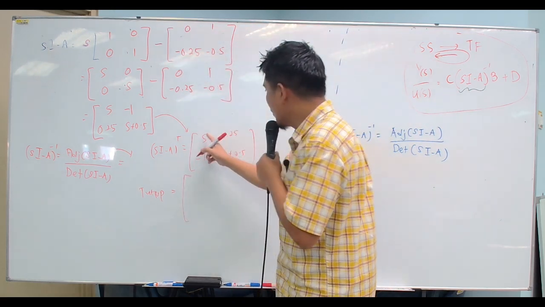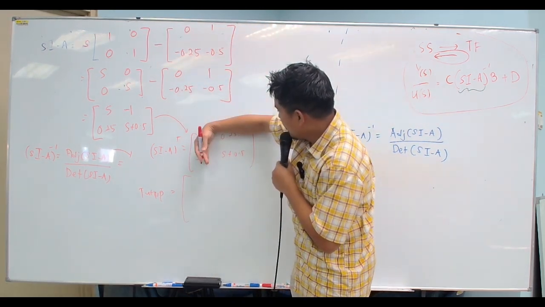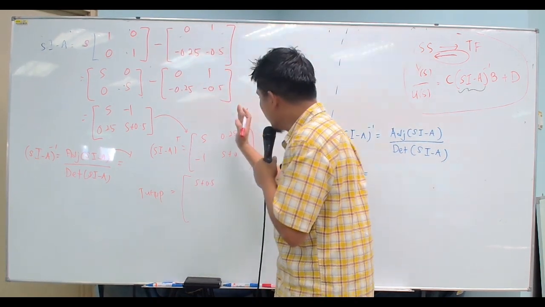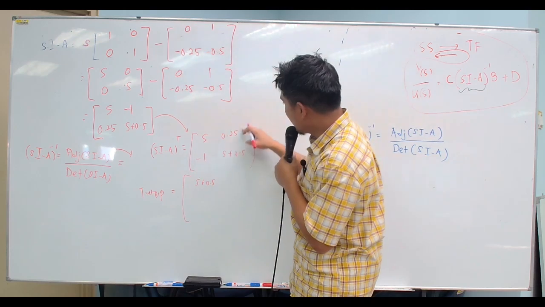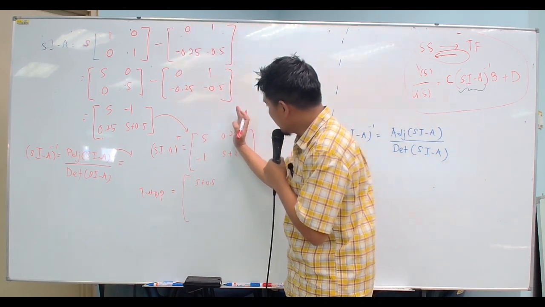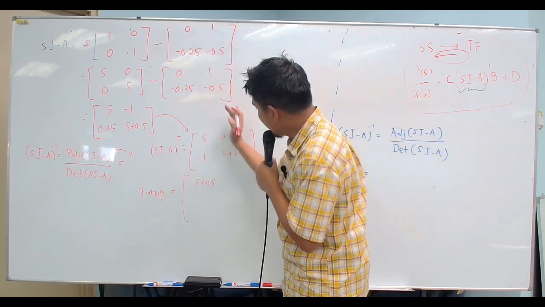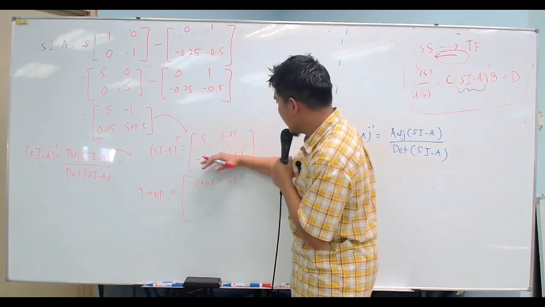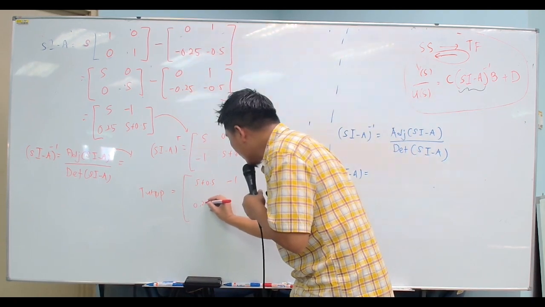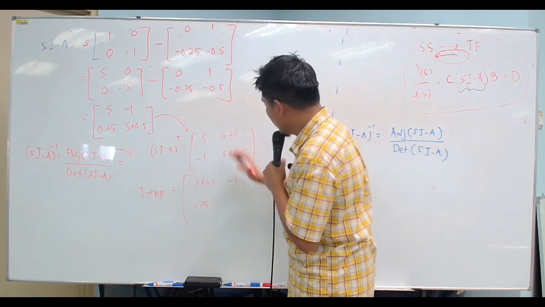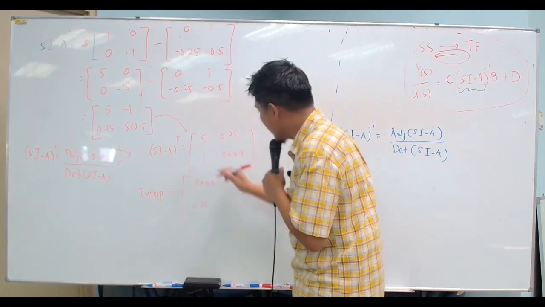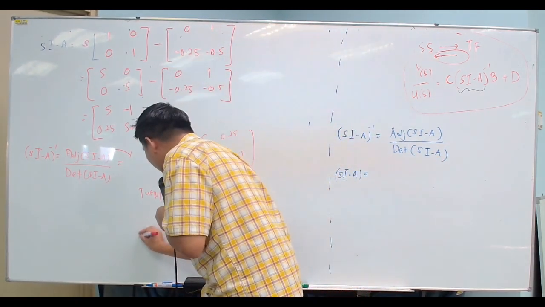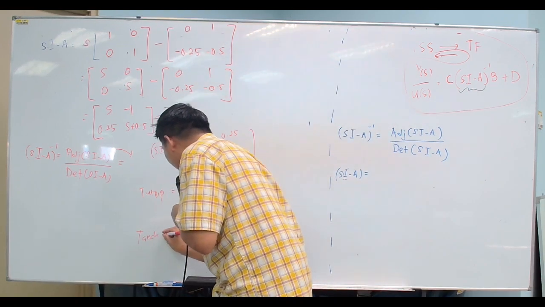So when you close s, you get s plus 0.5. If you close 0.25 here, you get negative 1. If you close negative 1, you get 0.25. And then if you close s plus 0.5, you get s. And then finally, you need to apply tanda, which is the sign.